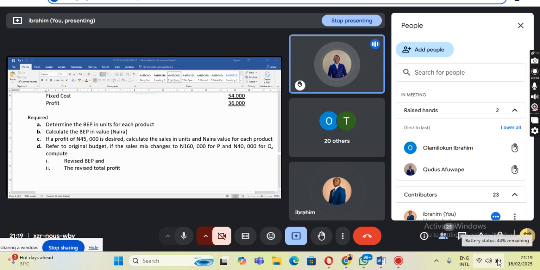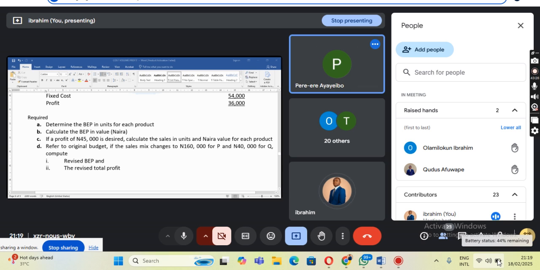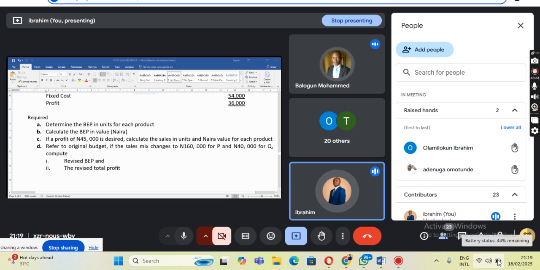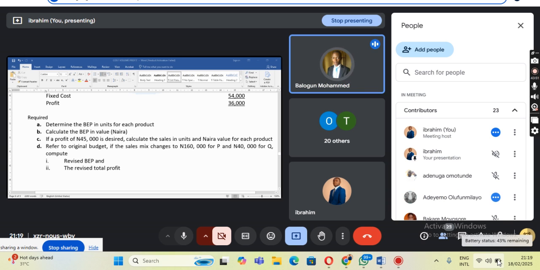So you said fixed cost plus profits after tax divided by contribution. For profit before tax, fixed cost plus profit after tax divided by 1 minus tax rate.